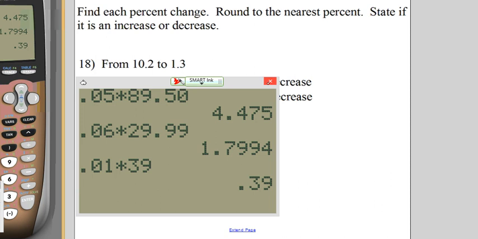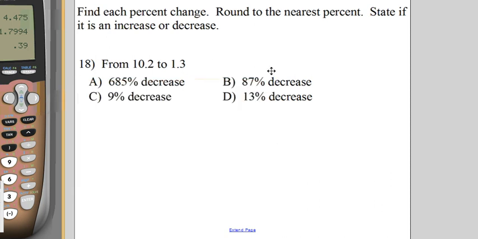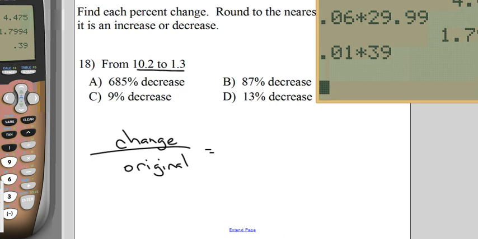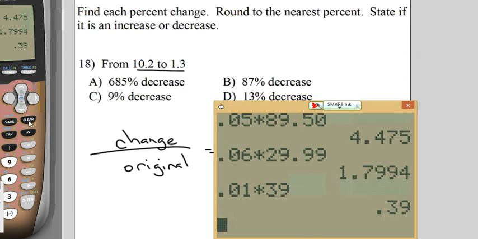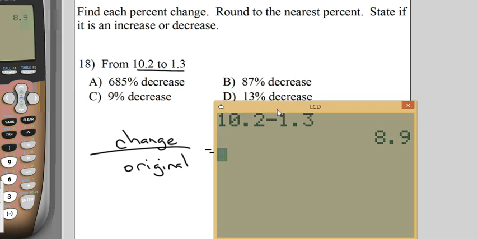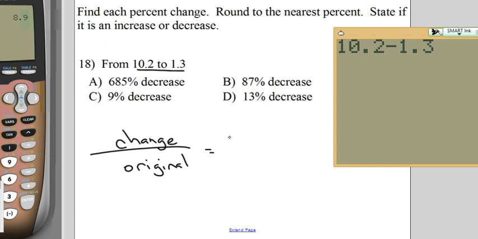Okay, now time to go through for this. Remember, this is change over the original. So for the change, we need to subtract these. $8.9, that's our change. The original was your first number that you start with, so that was 10.2.